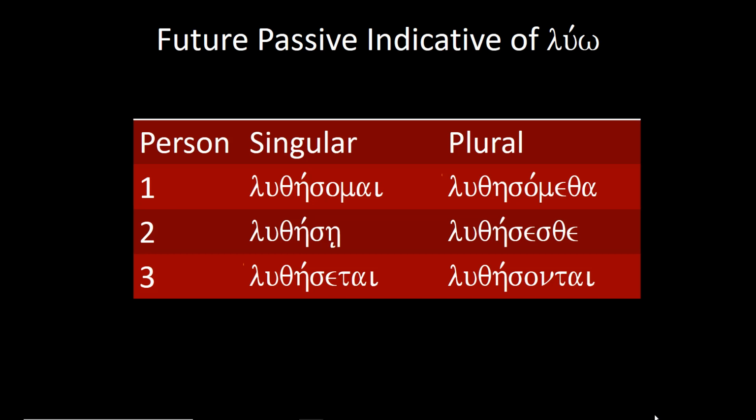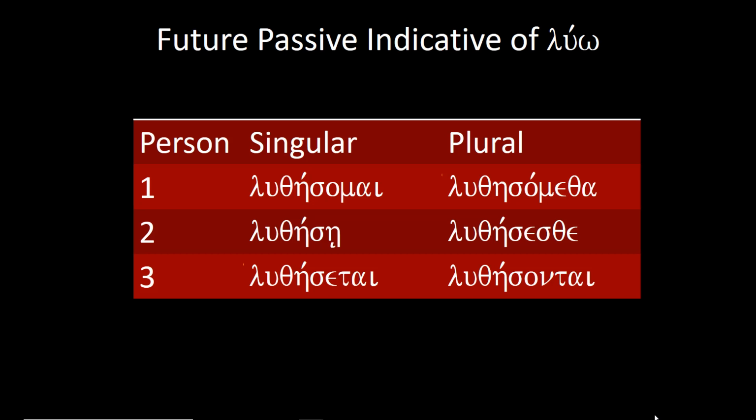So here's the future passive indicative of luo. Luthesomai, luthese, luthesetai, luthesometha, luthesesthe, luthesontai.